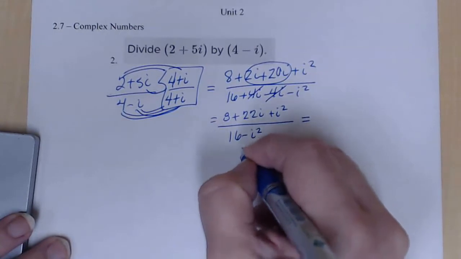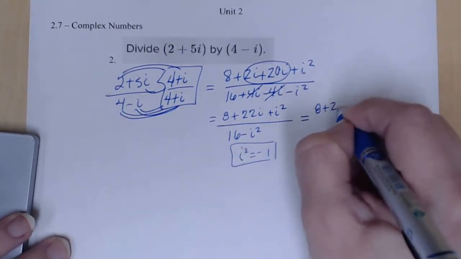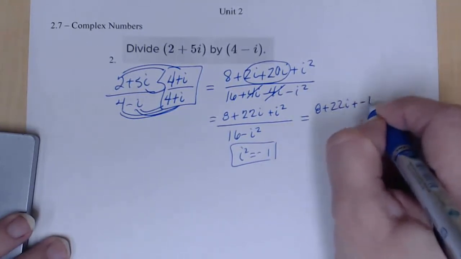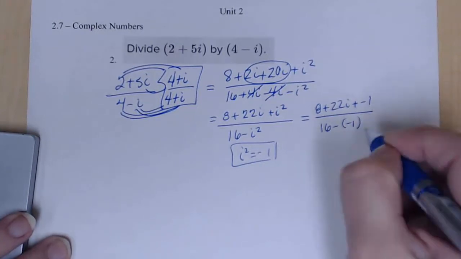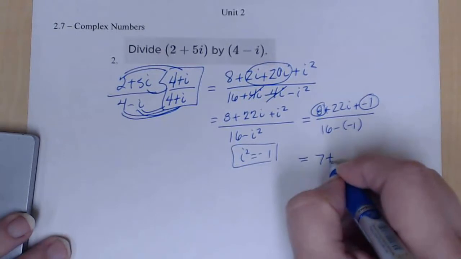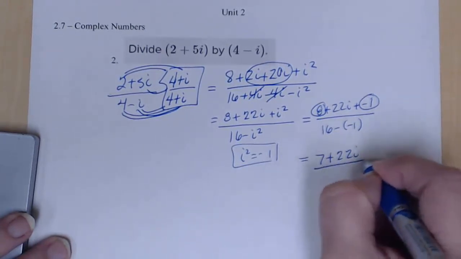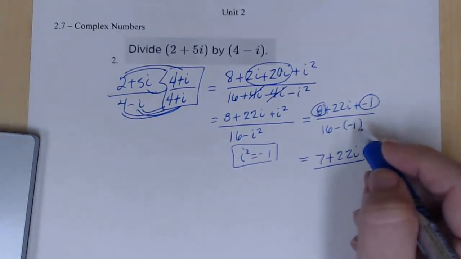Now I'm ready to plug in i squared equal to negative 1. So I'm going to say 8 plus 22i plus negative 1 over 16 minus i squared, which is negative 1. Finish up my arithmetic. 8 and negative 1 give me 7 plus 22i, all over 16 minus negative 1, that gives me 17.